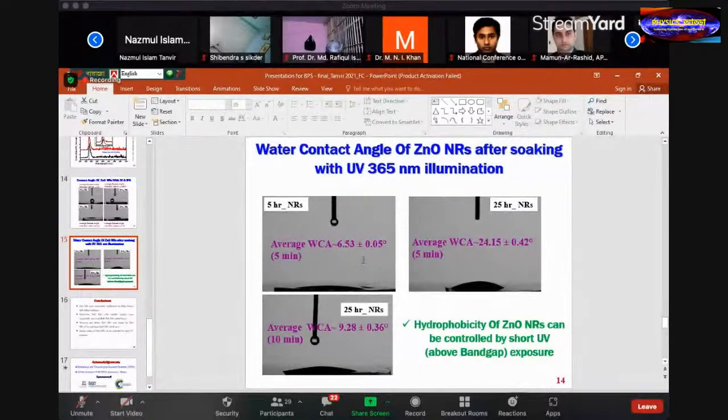We do not claim here, but if we want to put another layer on zinc oxide nanorods, which solvent is suitable for us? From this point of view, we actually want to know the contact angle of zinc oxide nanorods. And then again, this is a columnar growth of the nanorod.